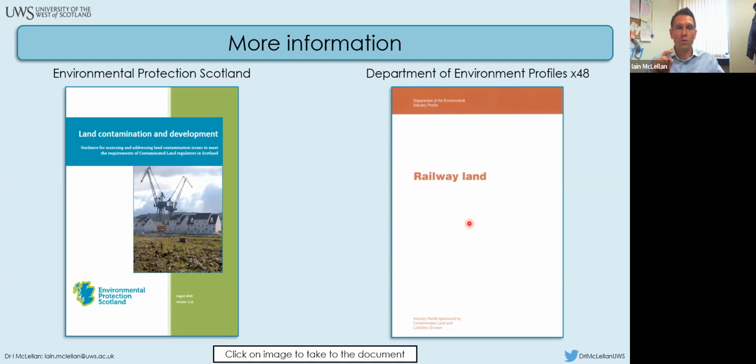Now, although there's not a Department of Environment, an organisation called Clerk have downloaded these and have uploaded them to their own website. And again, I'll give you the link to them as well. They're great for identifying what contamination might be present when you're working on a site. But again, they'll apply for the whole of the UK. This one is a Scottish document, but can help your thinking as you go through.